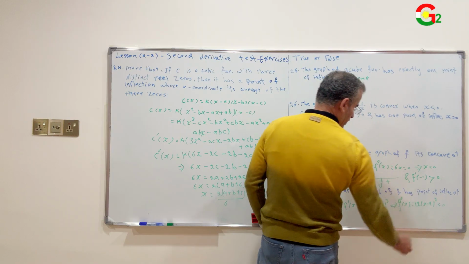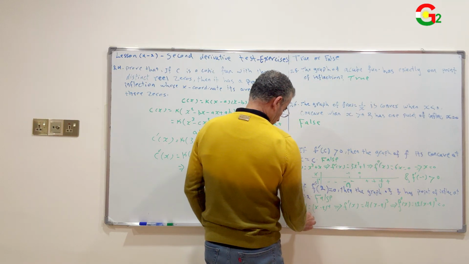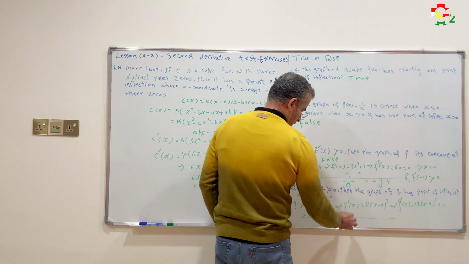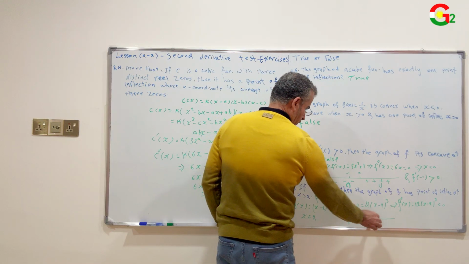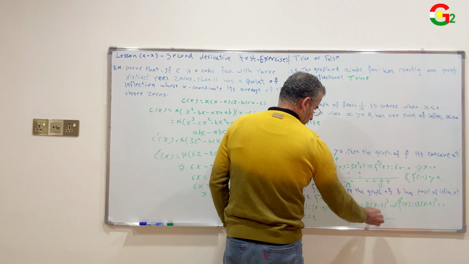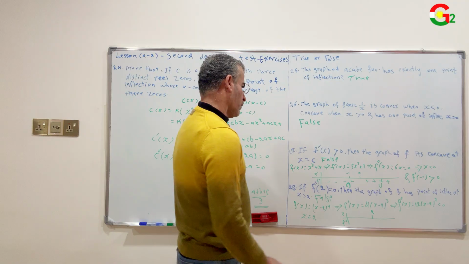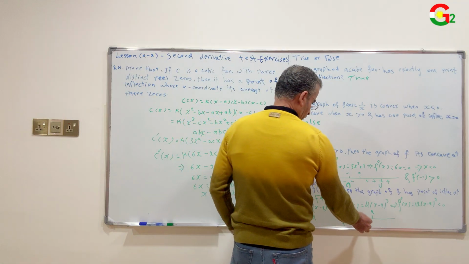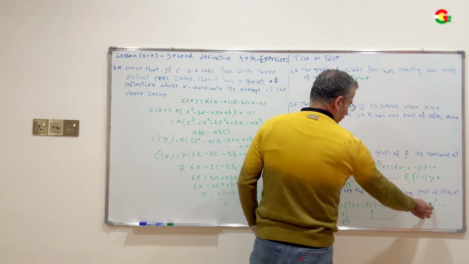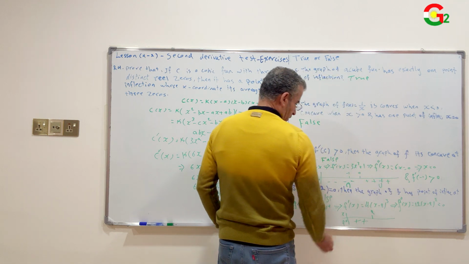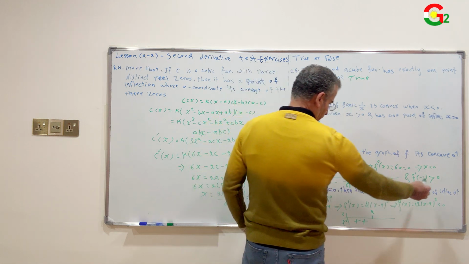Set it equal to 0, then x equals 2 is a critical point. If we find the sign of the second derivative before and after 2, when x equals 1, 1 minus 2 is negative 1, squared, the second derivative is positive.